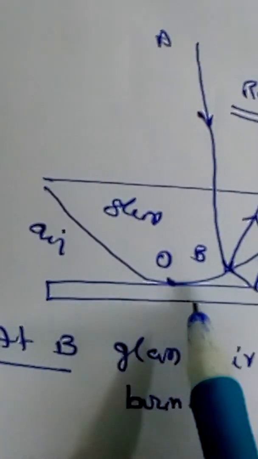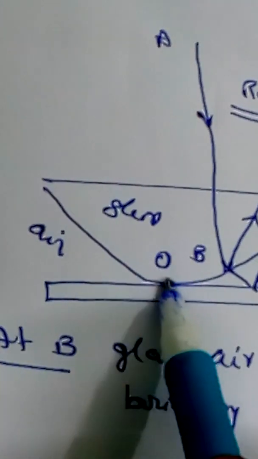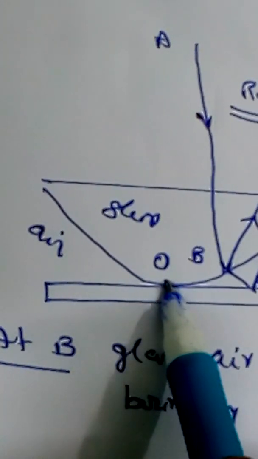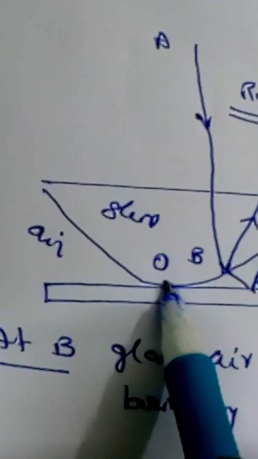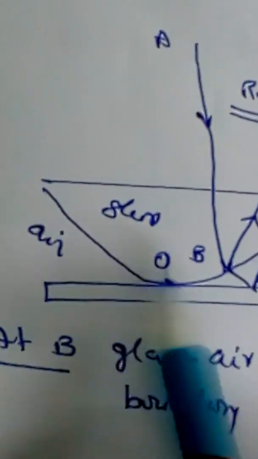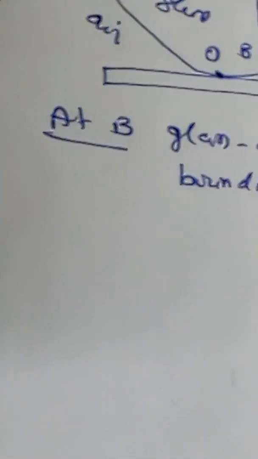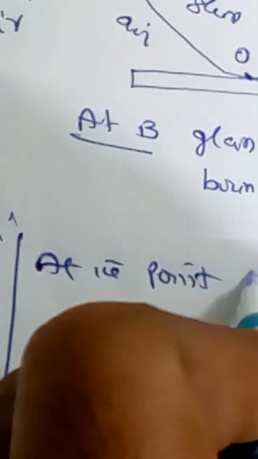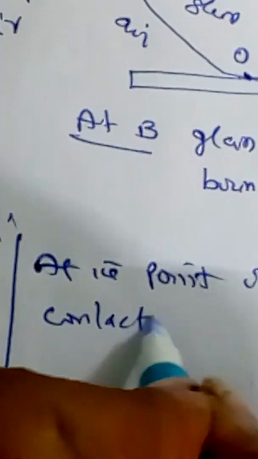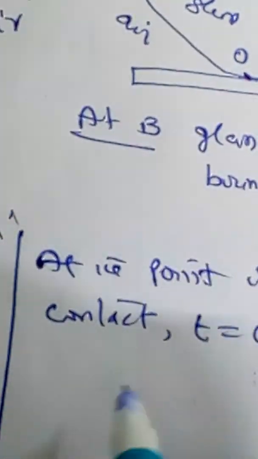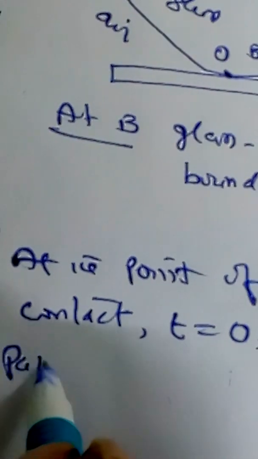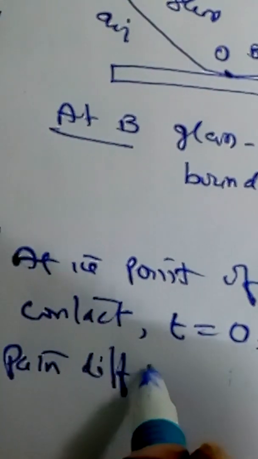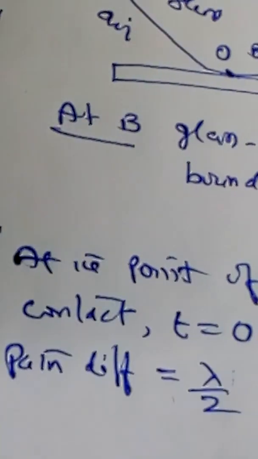Now if you see the diagram, at the point of contact, here, the thickness is 0. So the path difference is lambda by 2. That means at the point of contact, t equal to 0, the path difference is lambda by 2.